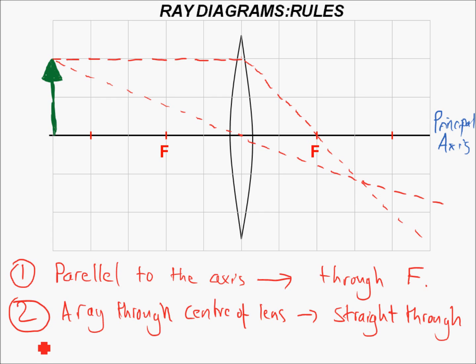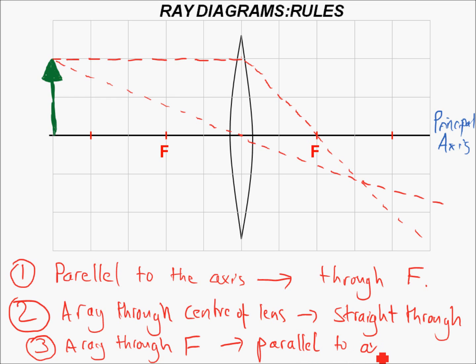And rule number three. A ray through the focus or the focal point on the left hand side is refracted so that it turns parallel to the axis on the right hand side.